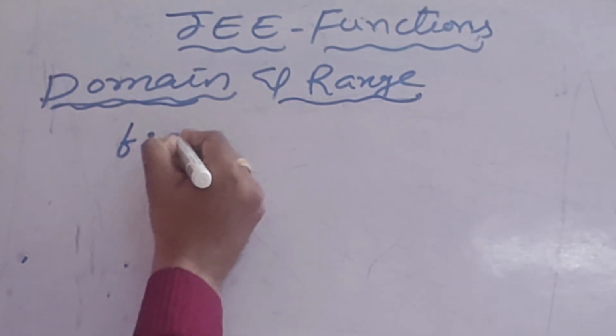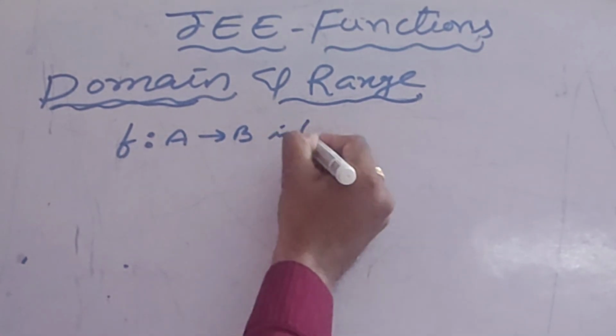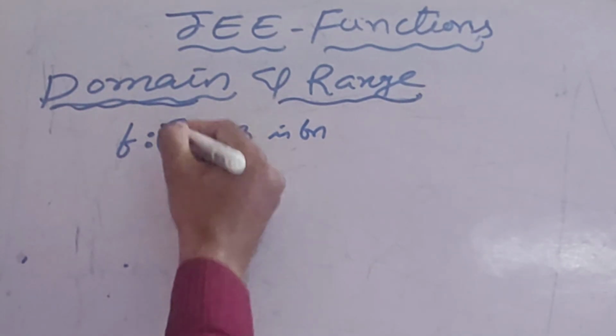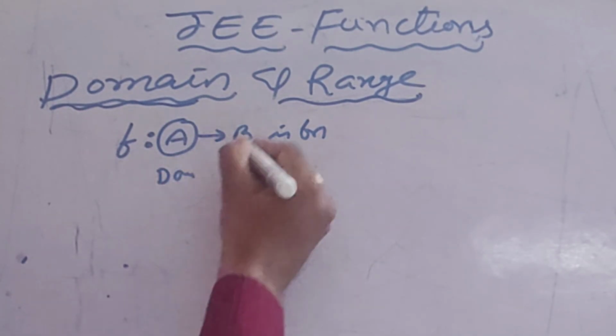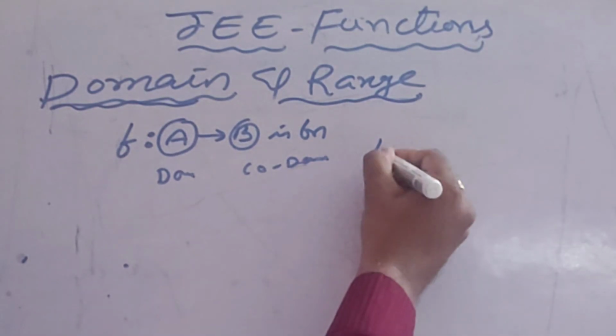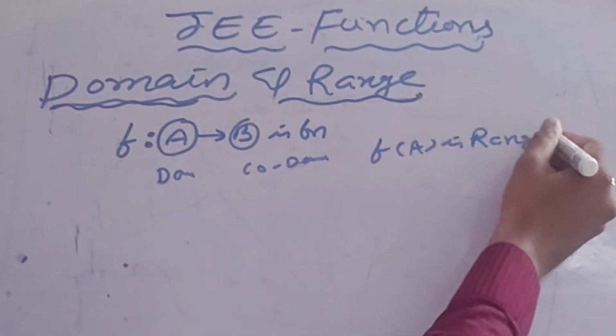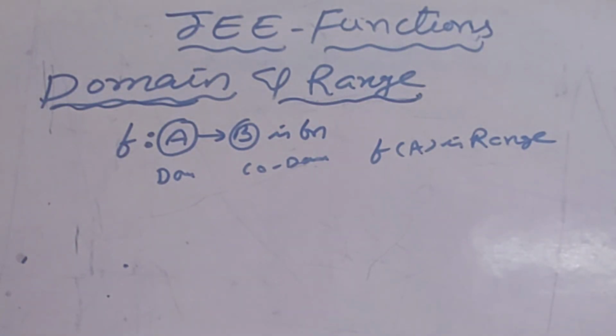Here f maps A to B is a function, where A is called the domain, B is called the codomain, and f of A is called the range. So these are the three things.